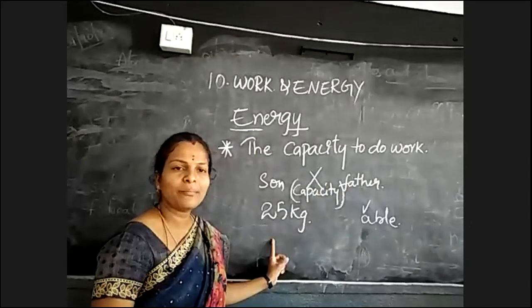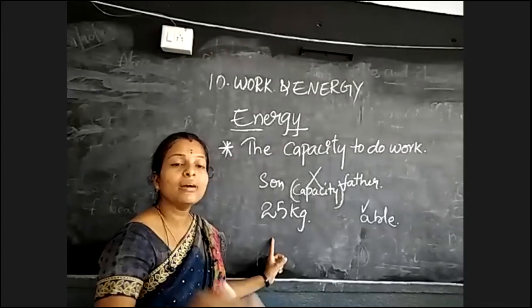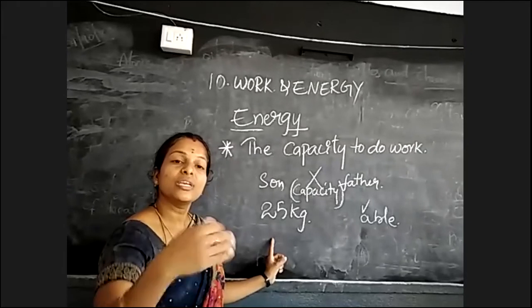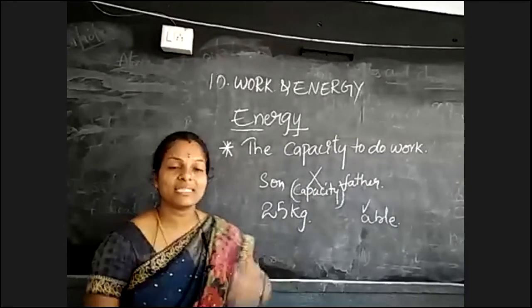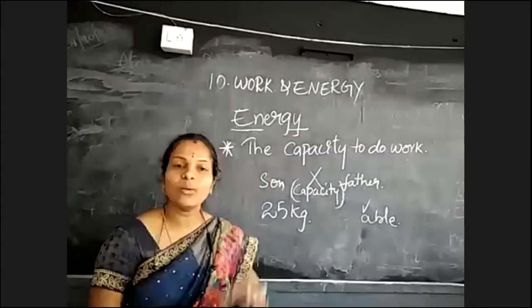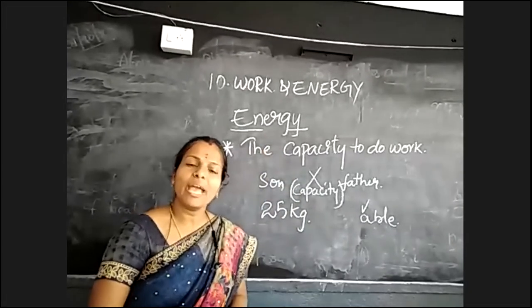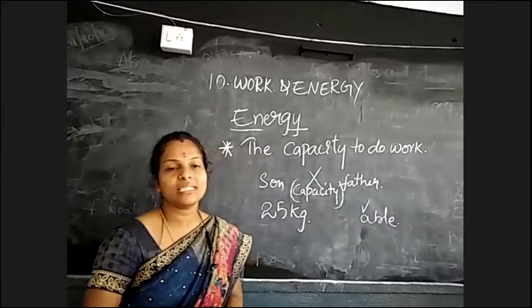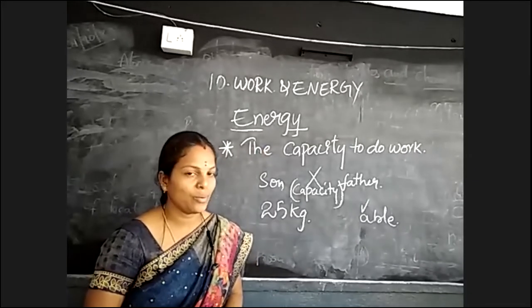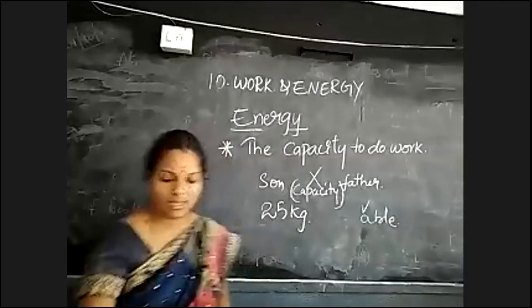You can lift your school bag. You will lift the vegetables and do some sort of work which you have the capacity to do. That capacity, that ability of the person to do the work, is called energy. Will every individual have the same energy? No, because you have seen now that even in the same family you don't have the same energy levels.